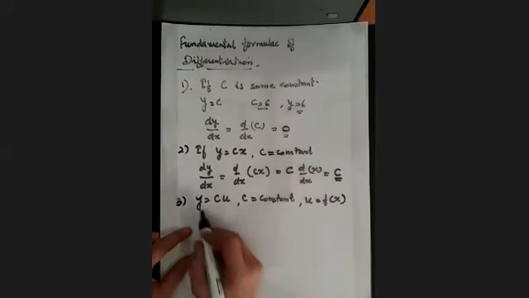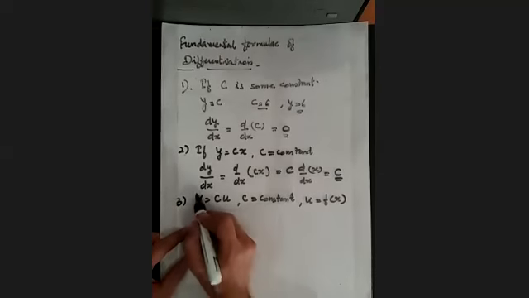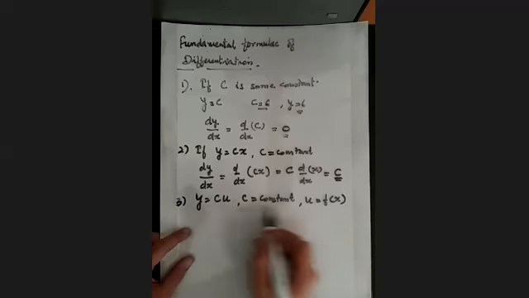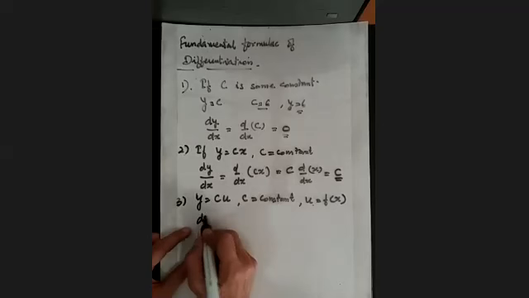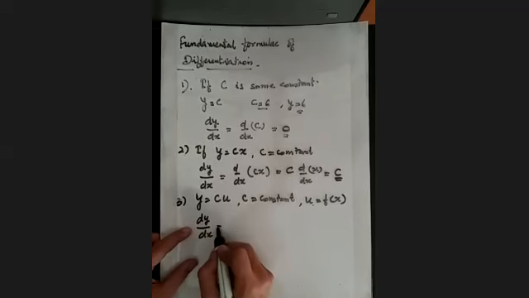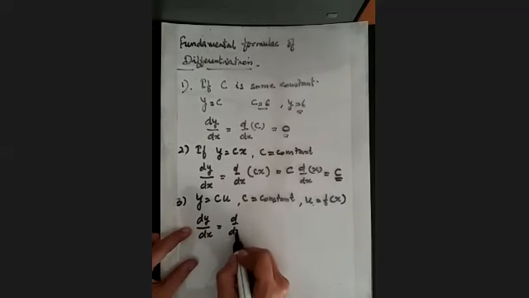That means y depends upon u, y is a function of u, but u is a function of x, that is given. Okay, now we want to find out differentiation of y with respect to x. So it will be given by d dx.